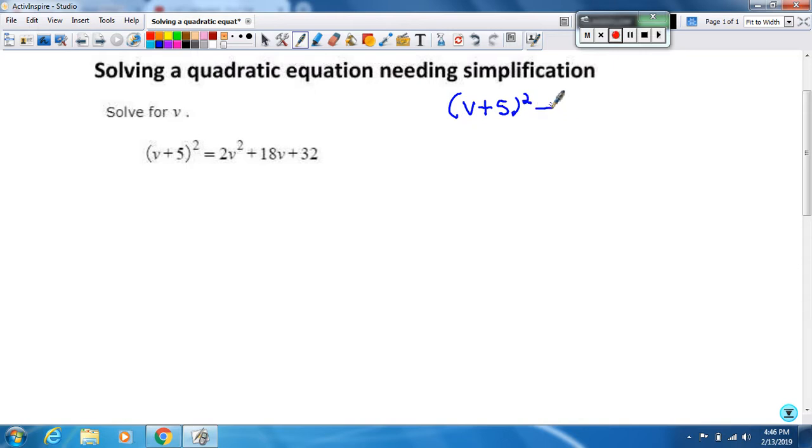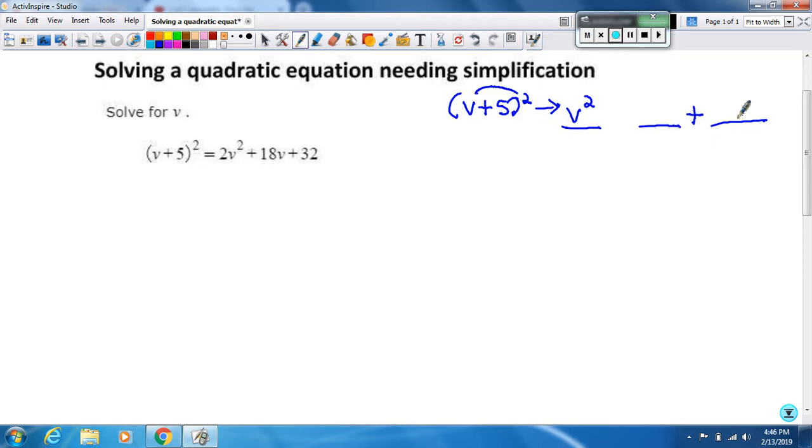This is going to be a trinomial, which means it's going to have 3 terms. And for the first term, you distribute the exponent to the first term, so v squared. And then the last term, by the way, is always positive, and then you distribute that.